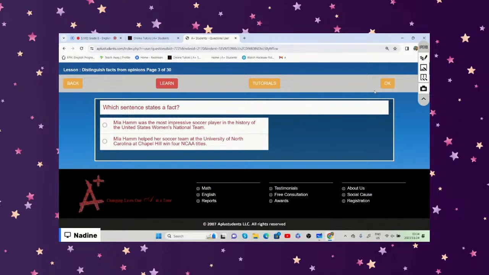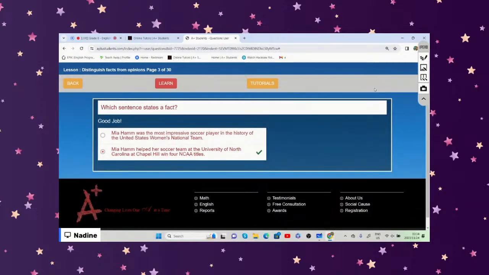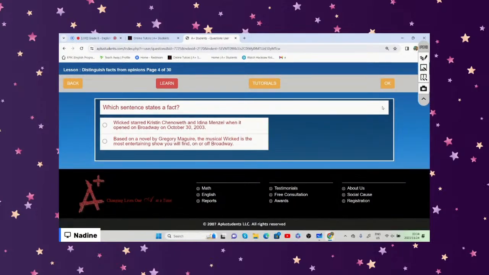So if we look at the facts, we're going to choose the second one, right? Where Mia helped her soccer team. And that is correct. So well done.